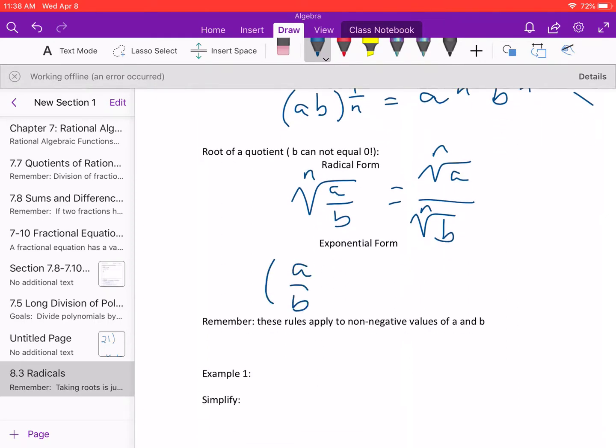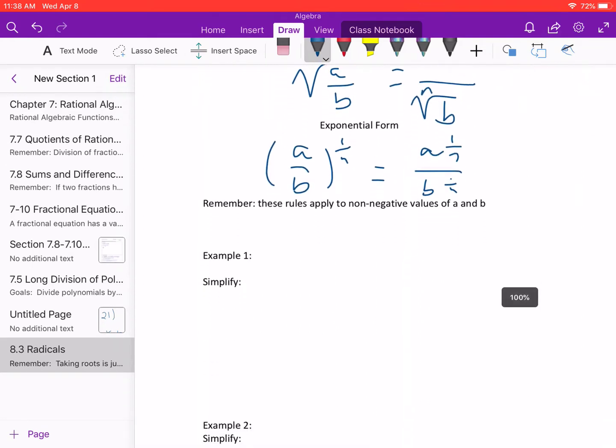A over b all raised to the 1 over nth power is equal to a to the 1/nth all over b to the 1/nth. These rules apply to non-negative values of a and b. So let's look at a couple of the easy simplifying problems.